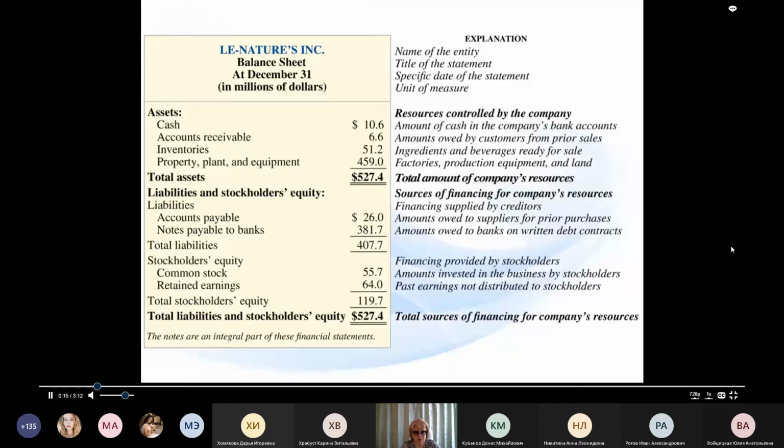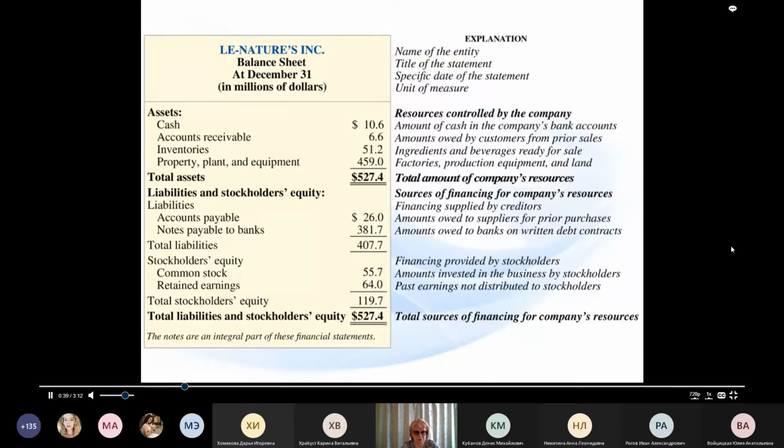The heading specifically identifies 4 significant items. It starts with the name of the accounting entity, which precisely identifies the organization for which financial data has been collected. Next, it sets forth the title of the statement, which sometimes varies. For example, a balance sheet may be called a statement of financial position.